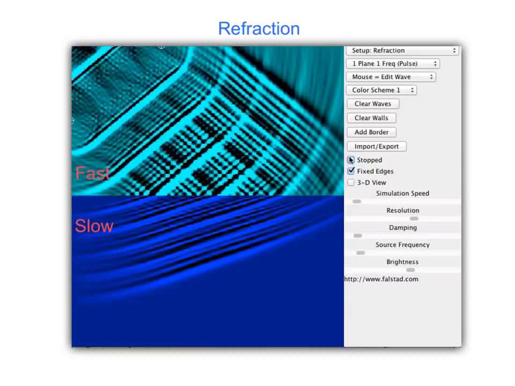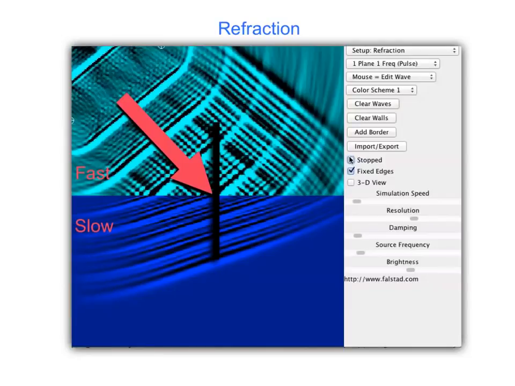Now to look at this a little more carefully, let's choose to put our normal back in. And the normal is our reference line that we can use to make measurements. And let's let waves be represented by an arrow again. So we're going to use this arrow to represent the waves that are coming in to hit the boundary.